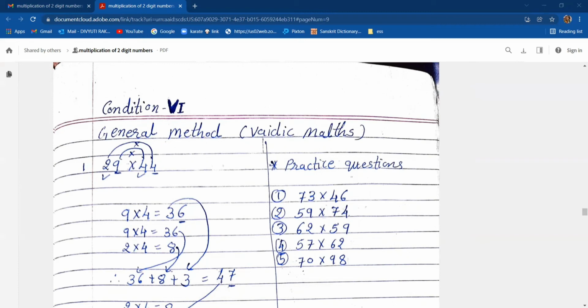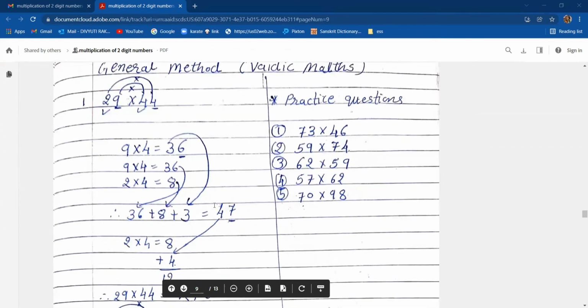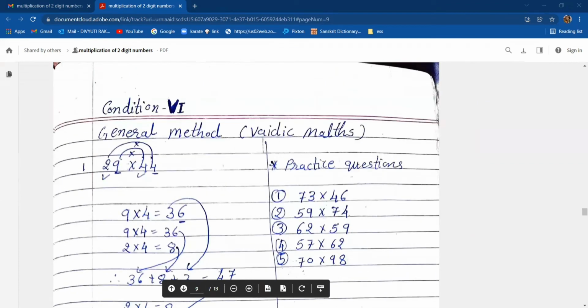So let's move on to this main method, which is a very popular method for multiplying 2 digit numbers. So what is the method? First, here also you have to multiply both the unit digits, and that is 9 into 4, that will be 36, and you have to take only one digit, and this tens digit will be taken as carry.